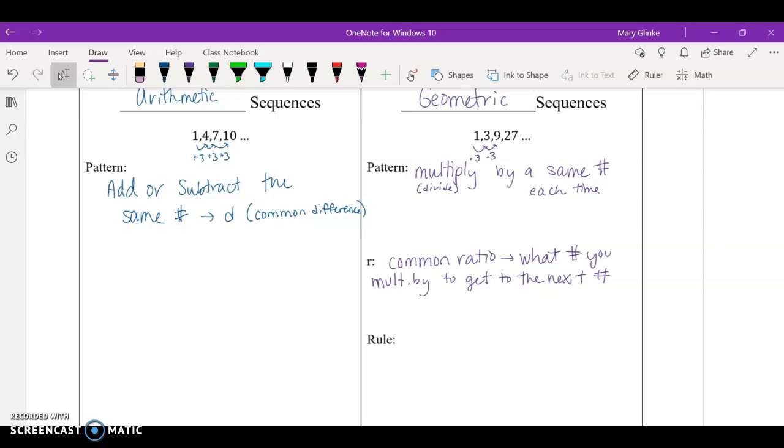So the rule for geometric sequences is going to follow exponential rules versus linear rules because geometric is multiplying by the same number. So for your rule, it's going to be a sub n equals whatever your first term, a sub 1, remember this stands for your first term, and then you're going to multiply it by r, which stands for your ratio, to the n minus 1.